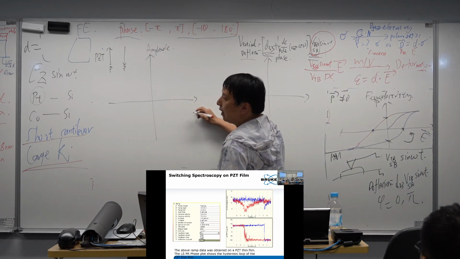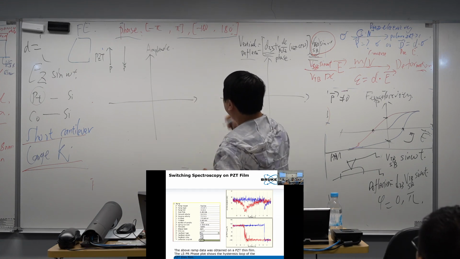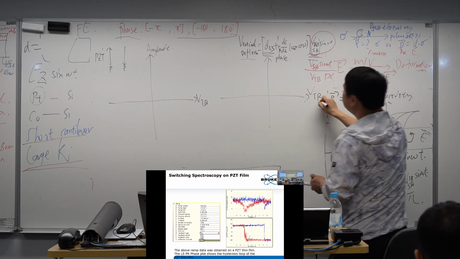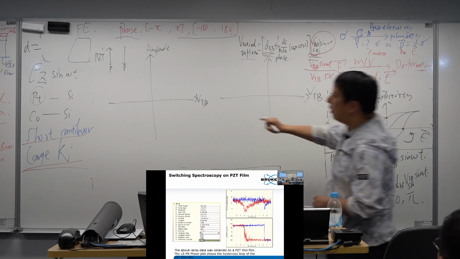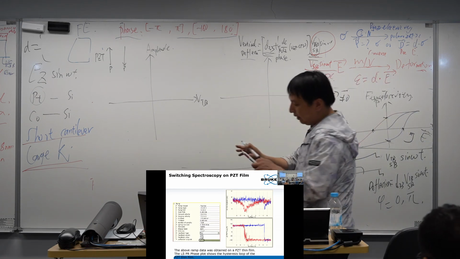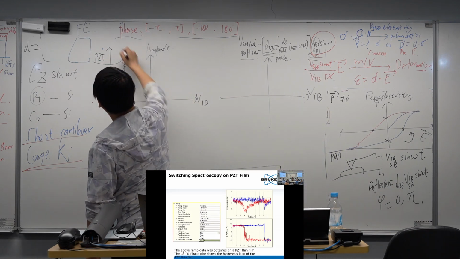So I use the example on this slide. The x-axis will be the tip bias. If you divide it by the thickness of the sample, it will be the electric field. So I come from the beginning.